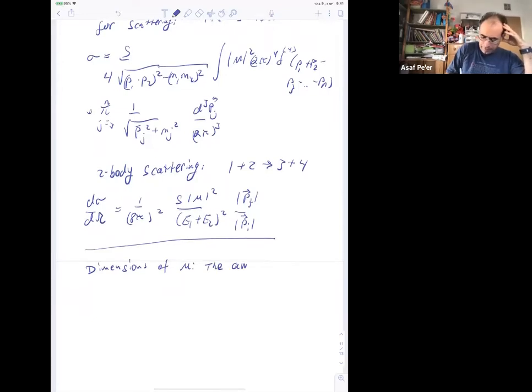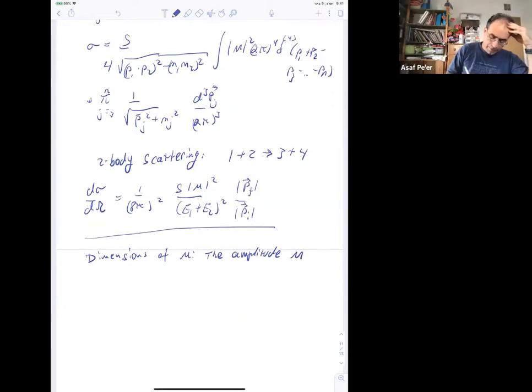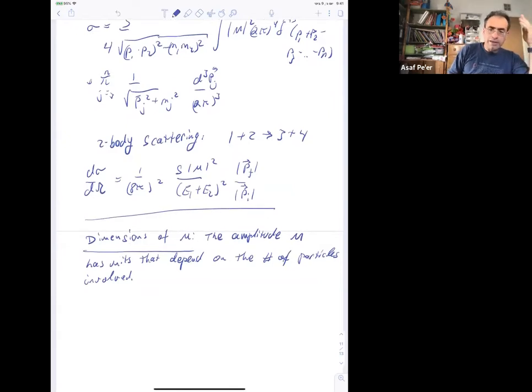Amplitude M has units that depend on the number of particles involved. Really it's the number of external lines, incoming plus outgoing.